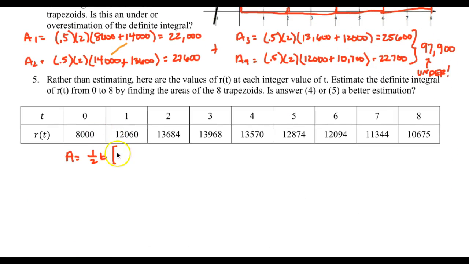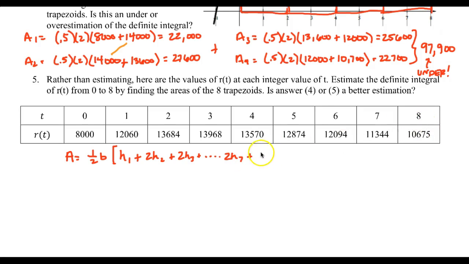And so if I think about that, the initial height is going to be unique. So I'll call that H1. But the second height, I'm really going to be adding. There's 2 of those. And the third height, and so on, until I get to the 7th height.